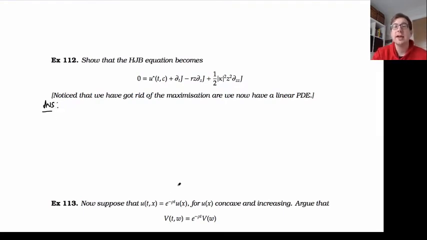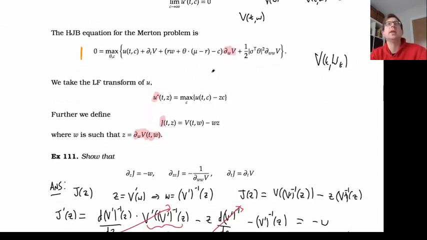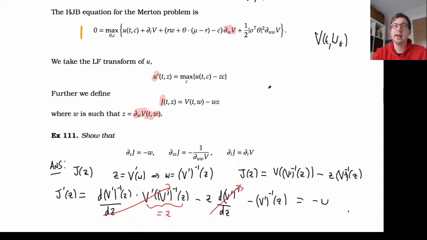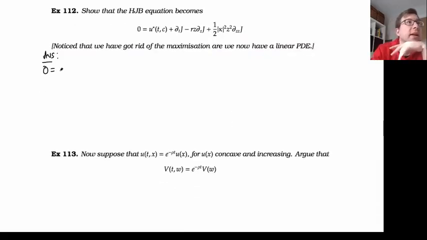Notice I can write down the HJB equation from above. Sorry, I went too fast. I can write down this HJB equation again, and I'm going to collect the terms that have to do with theta and the terms that have to do with c. So that HJB equation up there is exactly this.